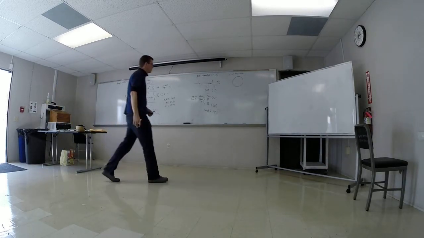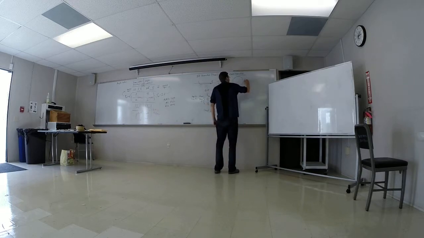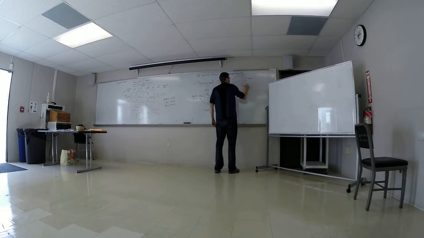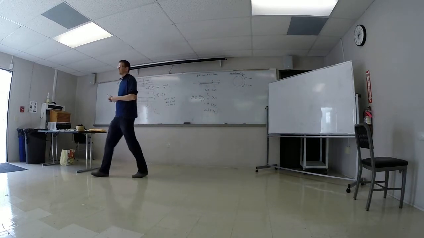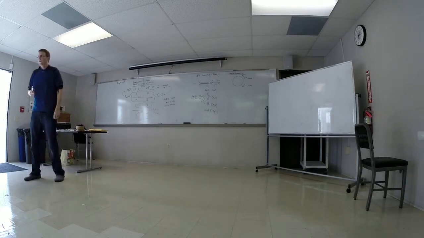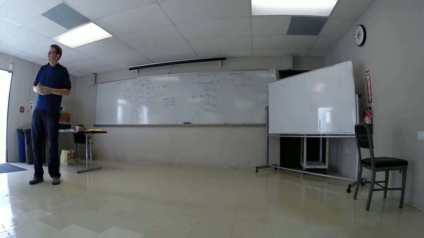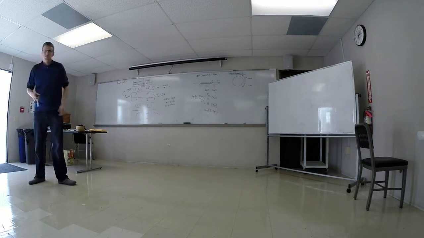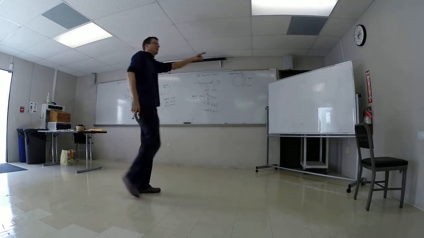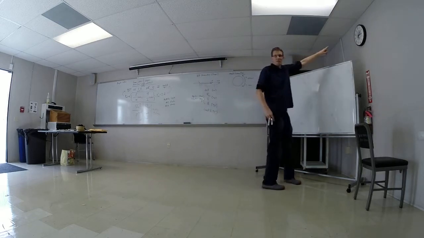Now, by convention, counterclockwise is positive and clockwise is negative. If that seems counterintuitive to you, of course, we watch a clock all day. Maybe you have a digital clock and don't really care about this, but a clock goes clockwise, hence the name.